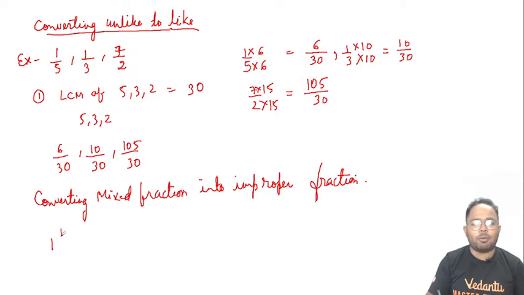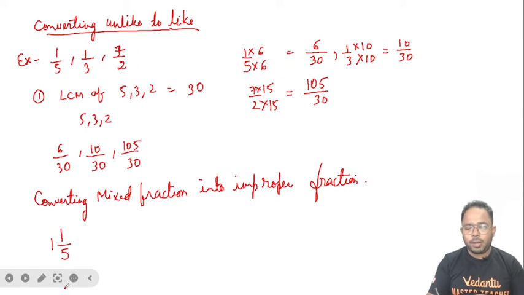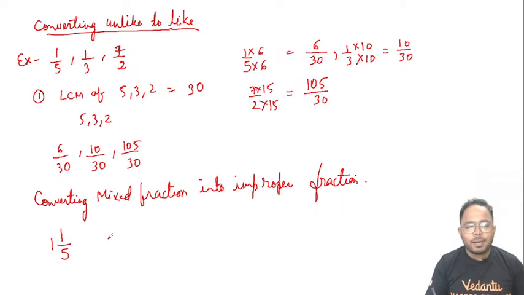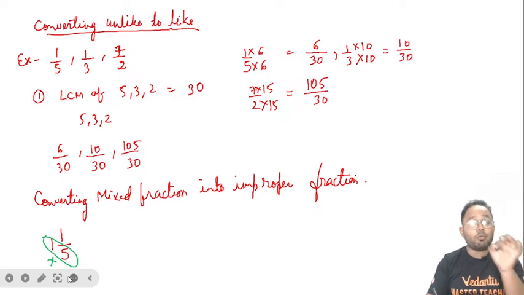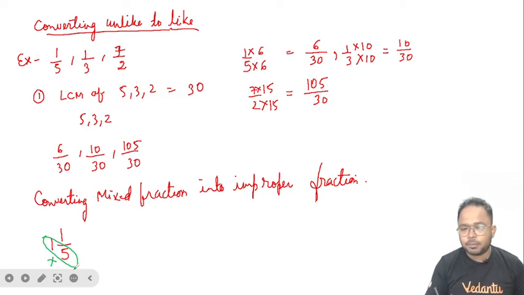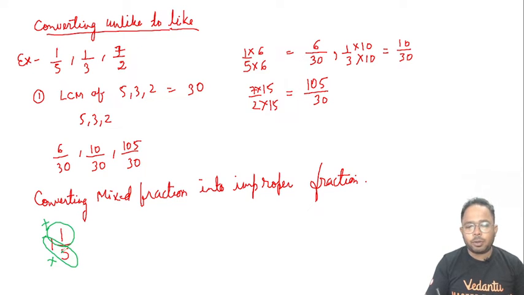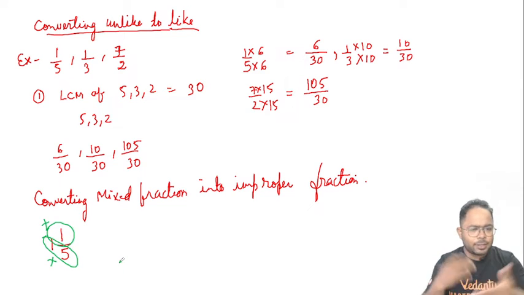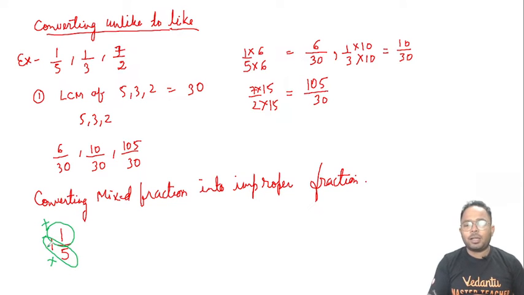Suppose let's say we have a 1 1 by 5. Okay. So what we have to do is we have to multiply these two parts, and then whatever the result is, you add with the numerator part. Okay, and keep the denominator same as it is. So what I said, फिर से दोहराते, we have to multiply the denominator with the whole part.